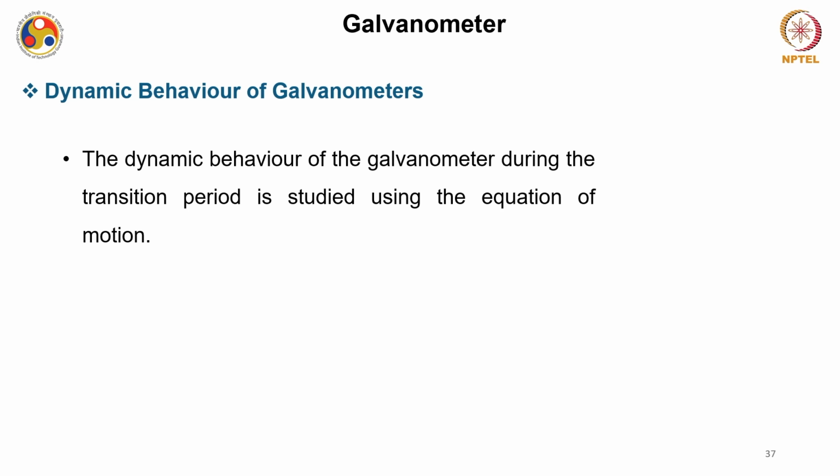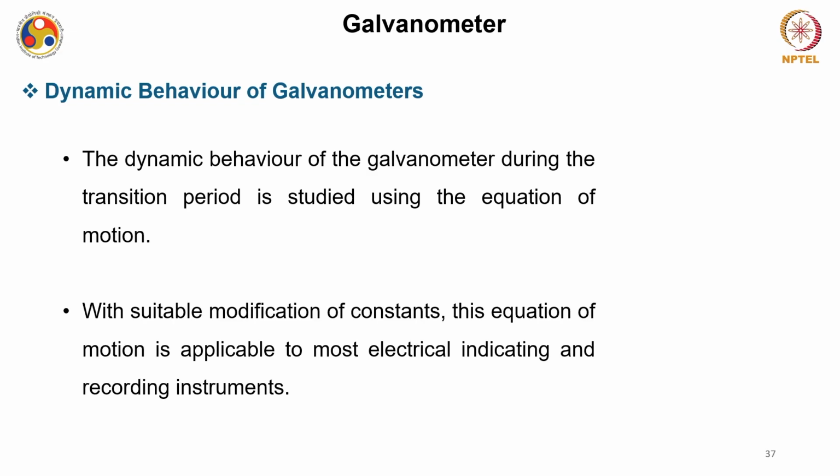Once we have the equation of motion for the galvanometer, it is easier to understand its dynamic behavior. With suitable modification of the constants, this equation of motion is applicable to most electrical indicating and recording instruments, including the galvanometer.